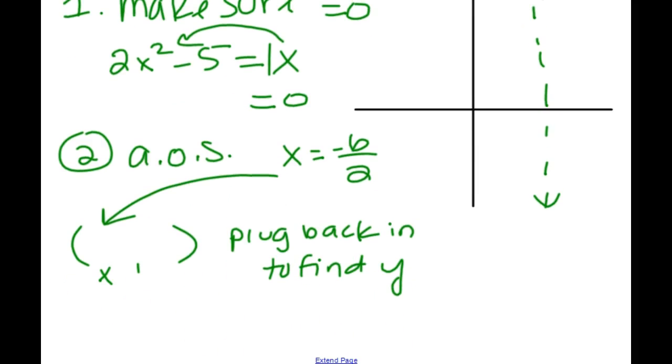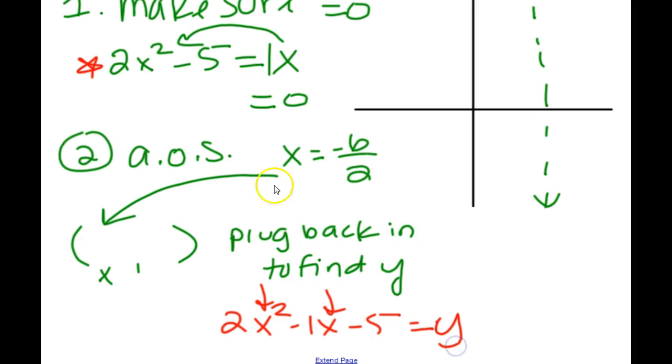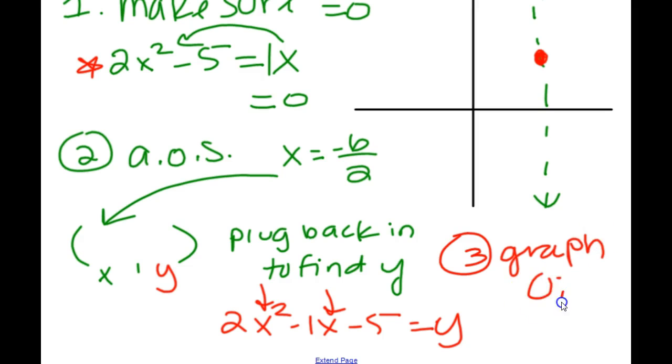So plugging it back into your original equation from up here, so we would have like 2x squared minus 1x minus 5 equal to 0. We'd plug that number in for x here and here to find y equal to 0 or equal to y, same thing. And then we have x and y, we can plot that point. Let's say it's right there. And then step 3 would be to graph or plot the point (0, c) on our y-axis.